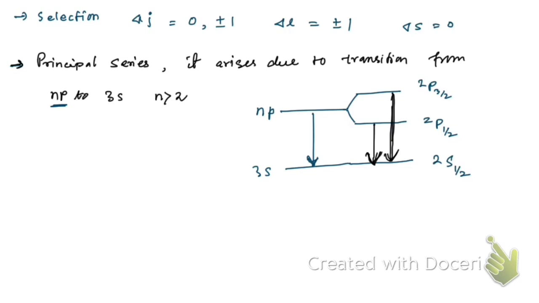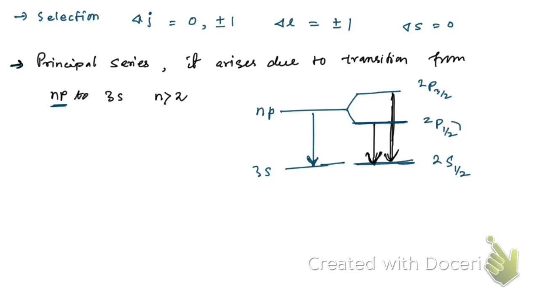So here first let us check the selection rule. Here you can see whether that is followed or not. So now you see, from this 2p half to 2s half, is the transition possible or not? Let me check with the help of the selection rule.